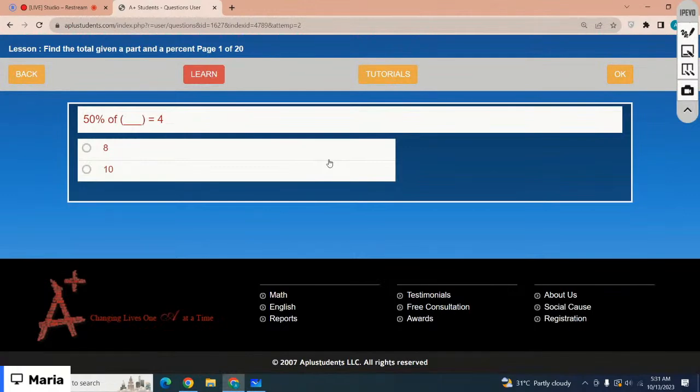50% of dash equals 4. Which is the correct option? 50% means half. So 4 is half of what number?